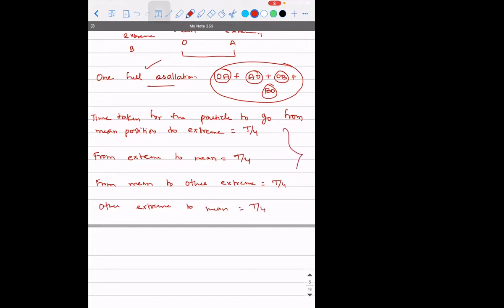This is a very important point. Have this in your mind. Each journey is broken into four equal parts, and the four equal parts put together give you one complete oscillation.